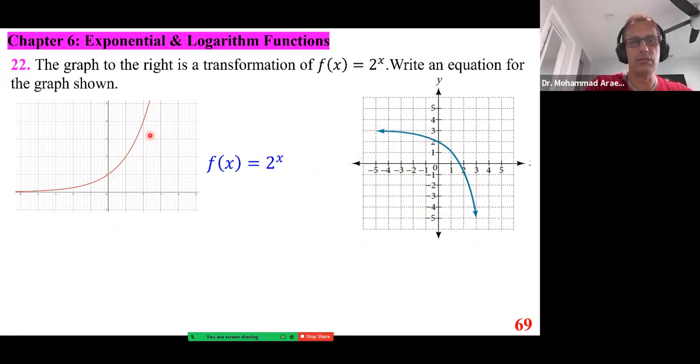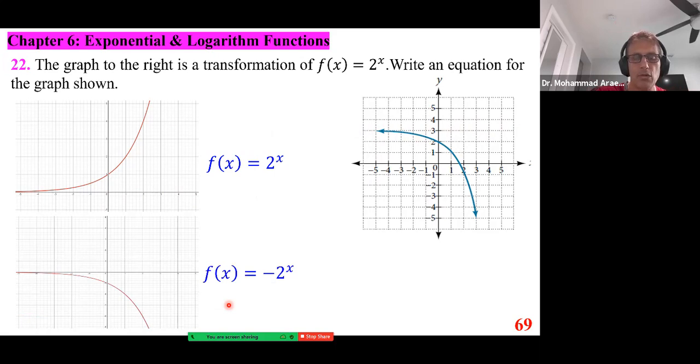So it seems that this has shifted. Okay, this has flipped over with respect to the x-axis. And then it seems that it has gone up by so many points because the horizontal asymptote has changed. So first and foremost, it has flipped over with respect to the x-axis.